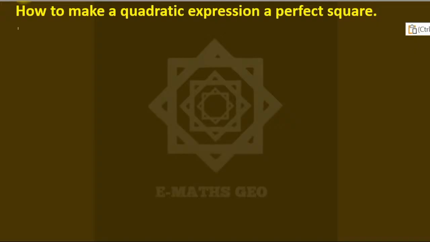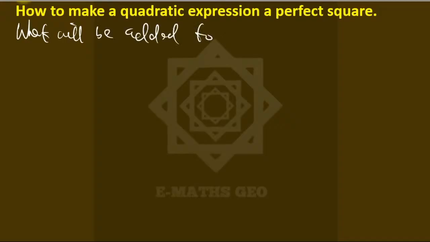Look at this picture. If someone asks you, what will be added to maybe a squared plus or minus bs, a quadratic expression, to make it a perfect square.